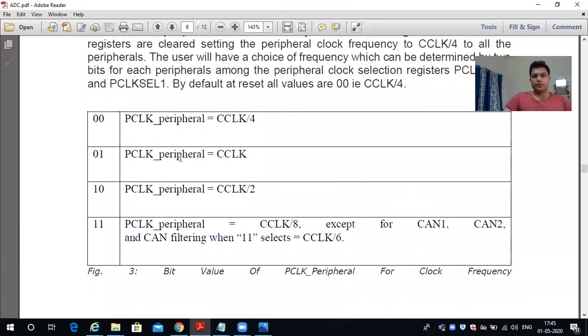These are all the 4 options. 00 is for peripheral clock equal to core clock by 4. 01 is for peripheral clock equal to core clock, and this is the default. If you haven't written anything, by default the value in the PCLK select register will remain 00. So this is the default configuration. 10 is for half of the core clock. 11 is for core clock by 8.